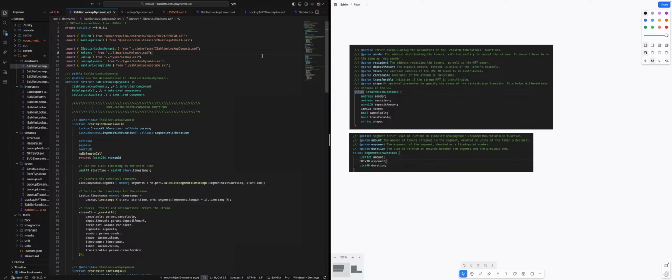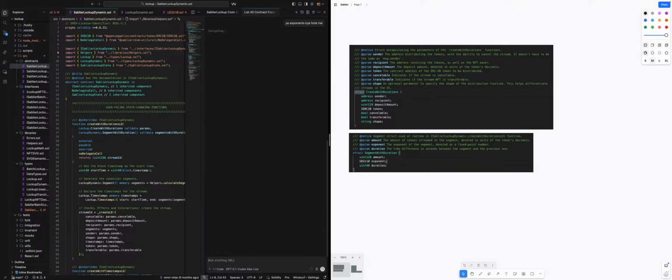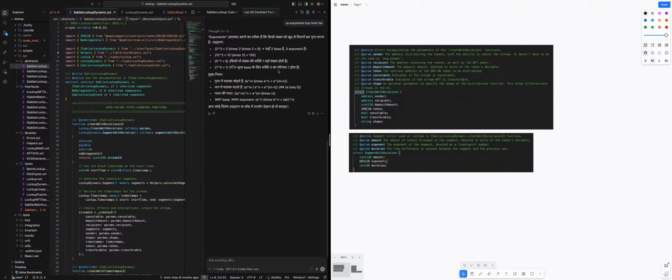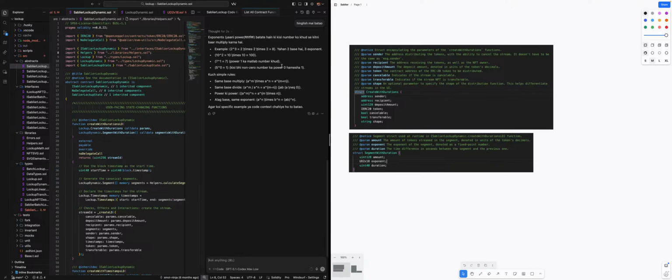Let's just understand what are, okay, if these are exponents.